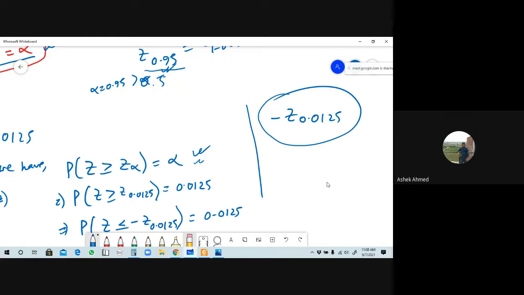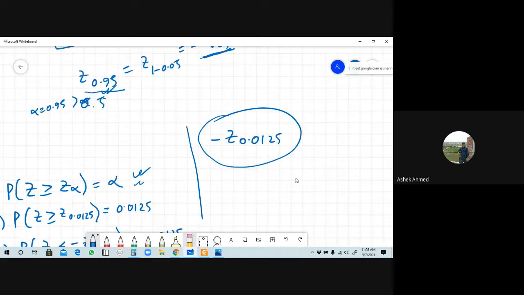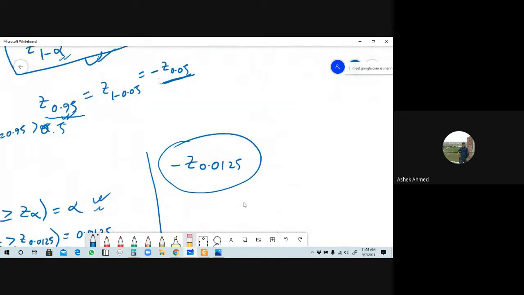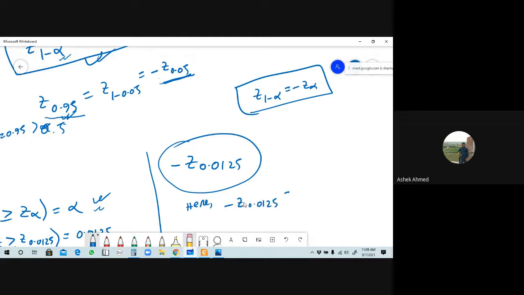How can you convert this? You can convert this minus into plus by using this formula. Which formula? Z suffix 1 minus alpha will be minus z suffix alpha. Applying this formula, at first you can write, we have here minus z suffix 0.0125 is z suffix 1 minus 0.0125.